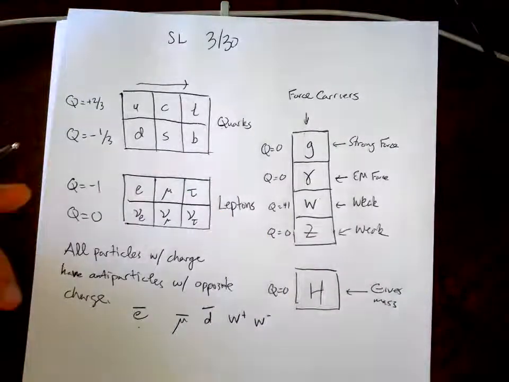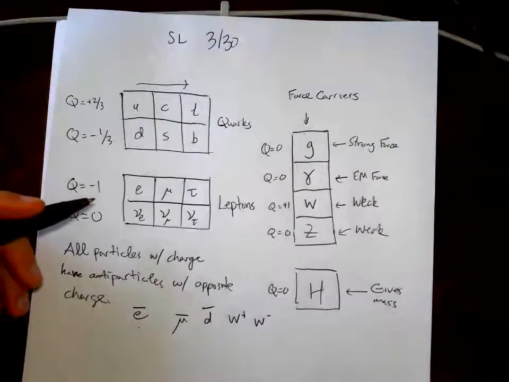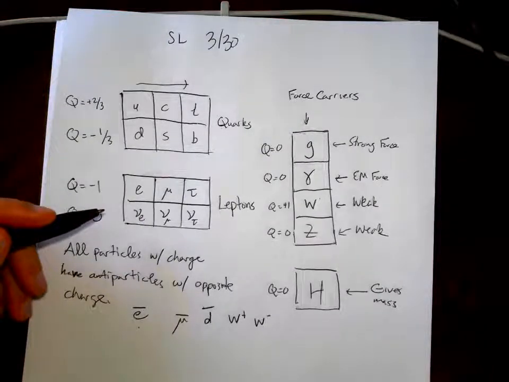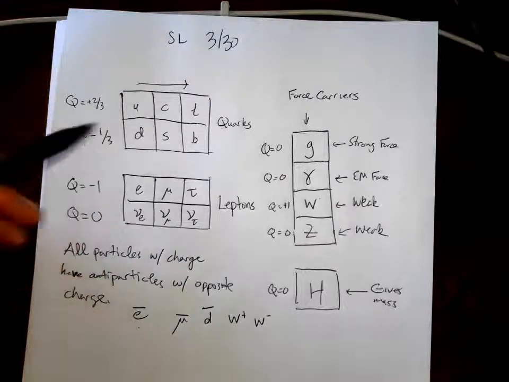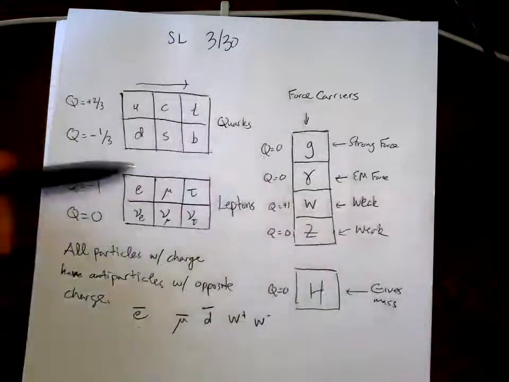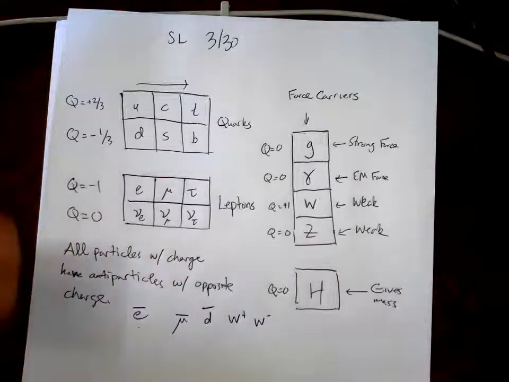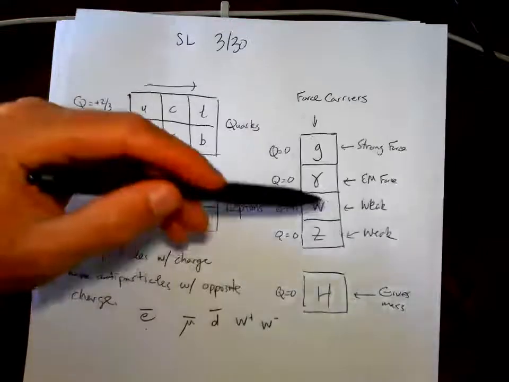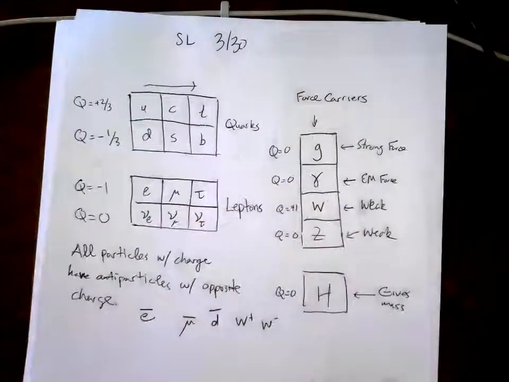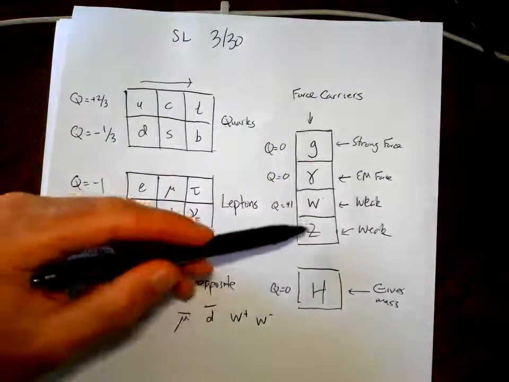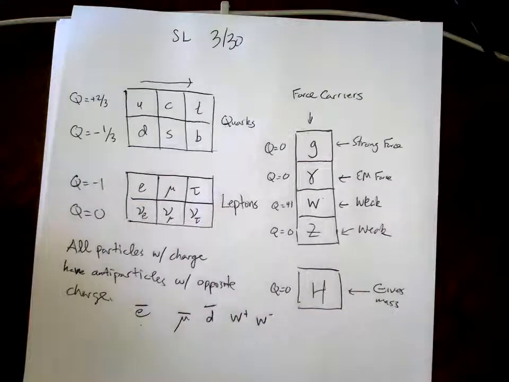But that's only for the weak force carrier, the W boson. Okay, so all of these particles, even the ones with charge 0, have antiparticles. So there's an anti-neutrino, for example.